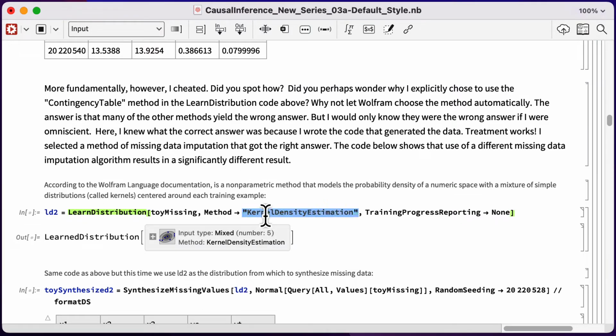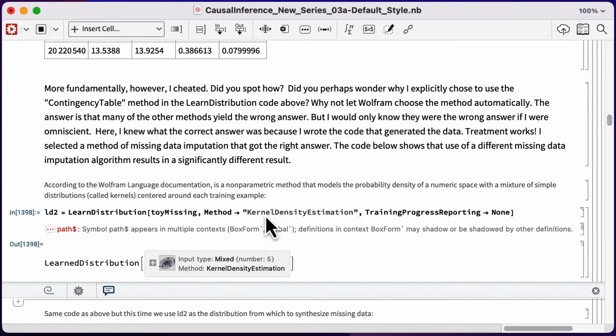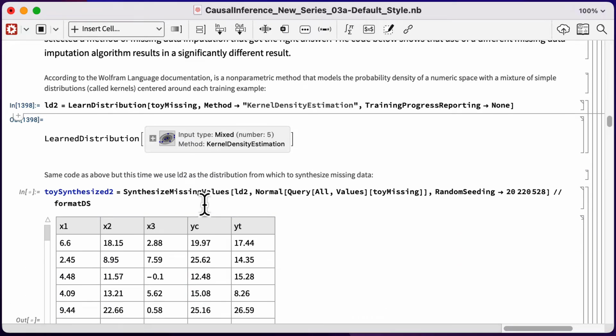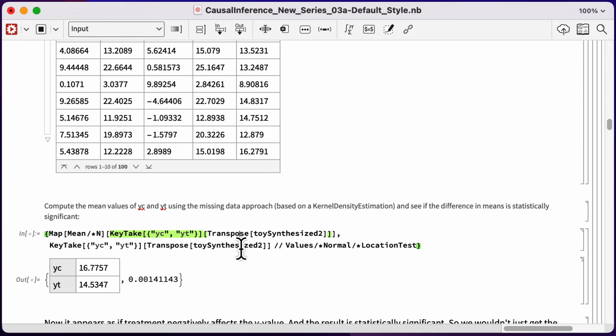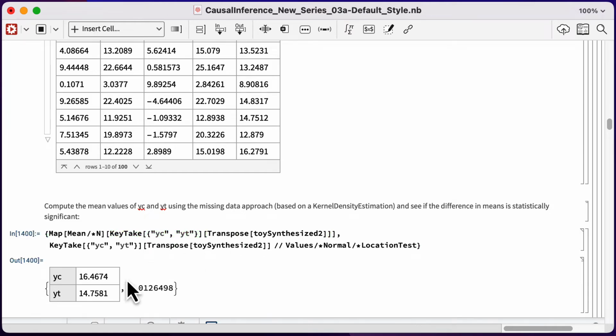Here I'm using a method called kernel density estimation. We're going to hope that that is not an important error message. And now we'll synthesize the missing values, learning this new learned distribution, and we'll see what happens. And what we see is that now it's still the case that the control group does better than the treatment group.